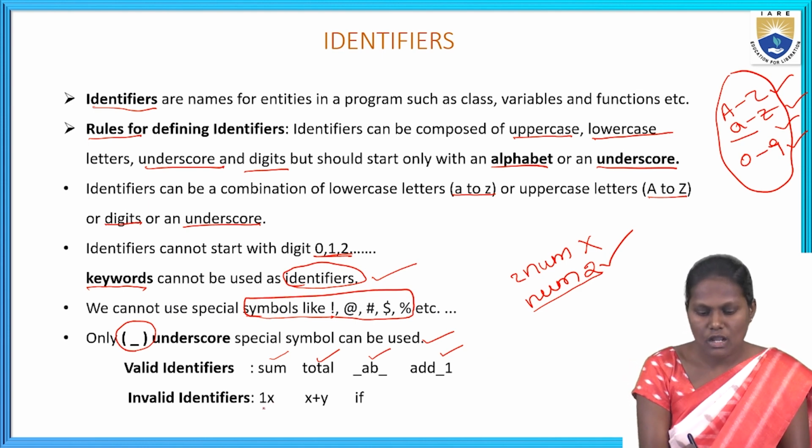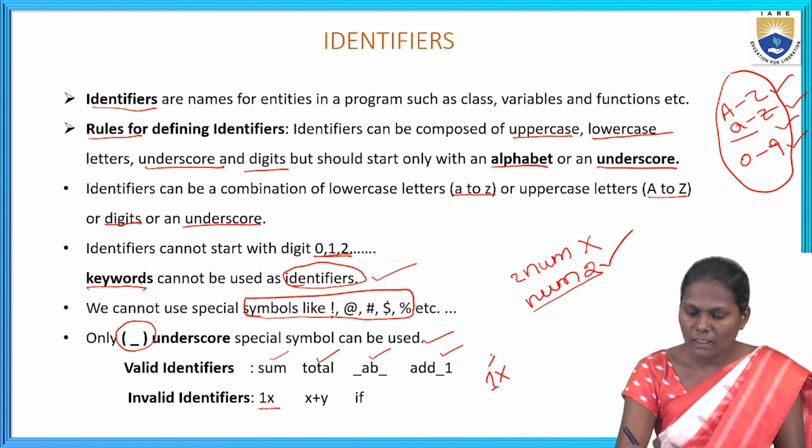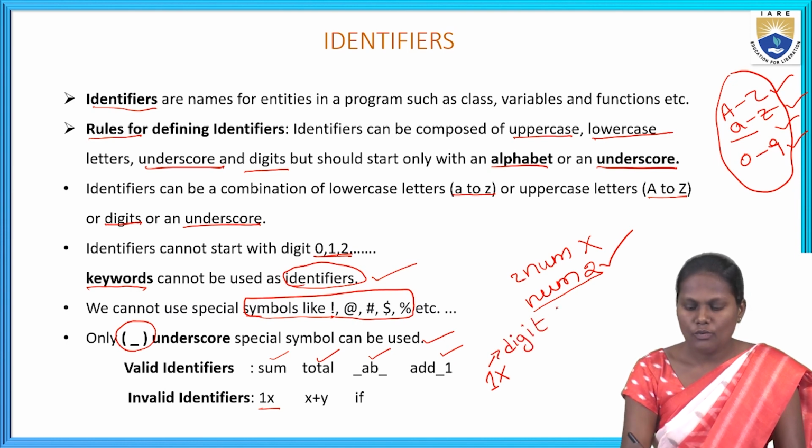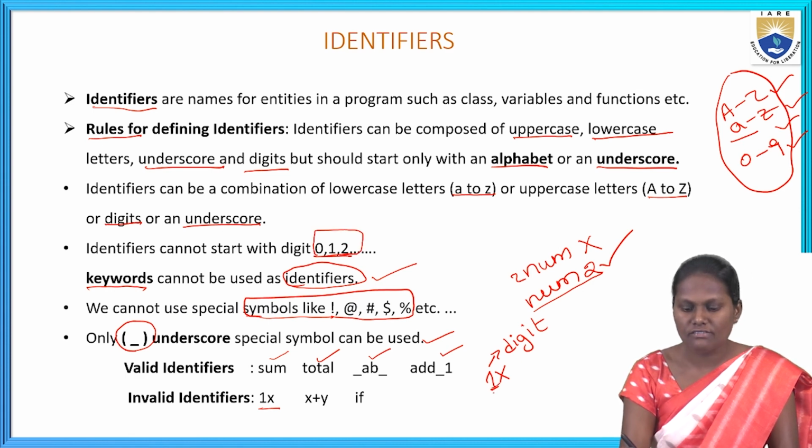We can see here 1x. Why is it an invalid identifier? 1x means 1 is a digit. What I told you in the earlier point: identifiers cannot start with a digit.